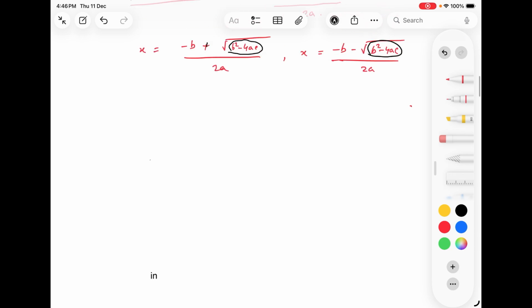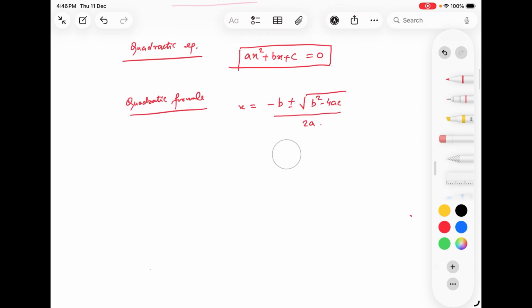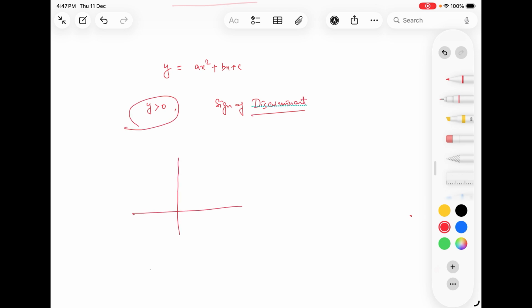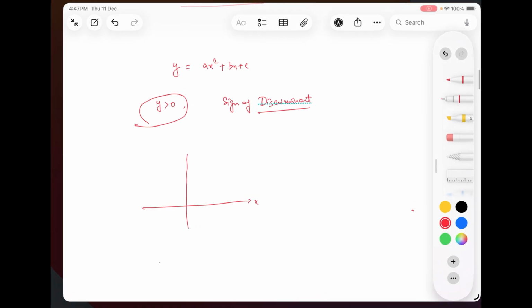Let me tell you one thing more, very important point. If we have a function like this, y is equal to ax square plus bx plus c, and I said y is always positive, then what is the sign of discriminant? How you identify this? Y is greater than 0 means it is not cutting the x-axis, right?